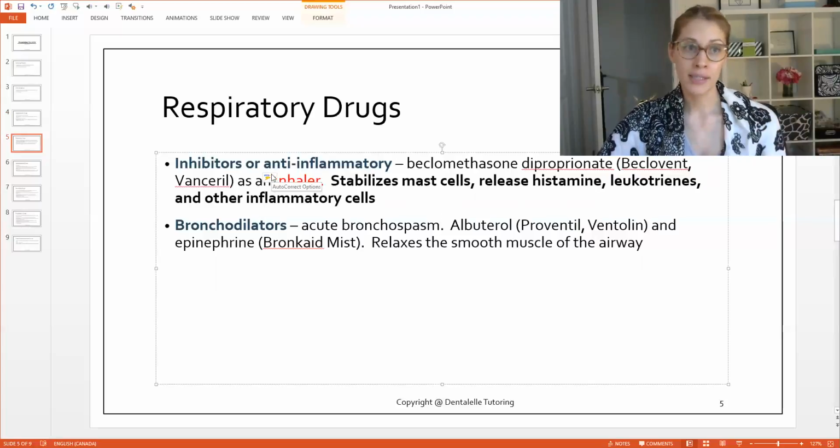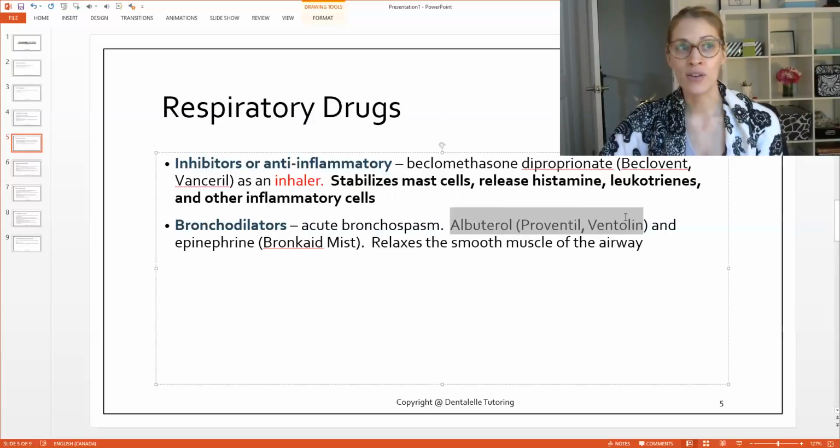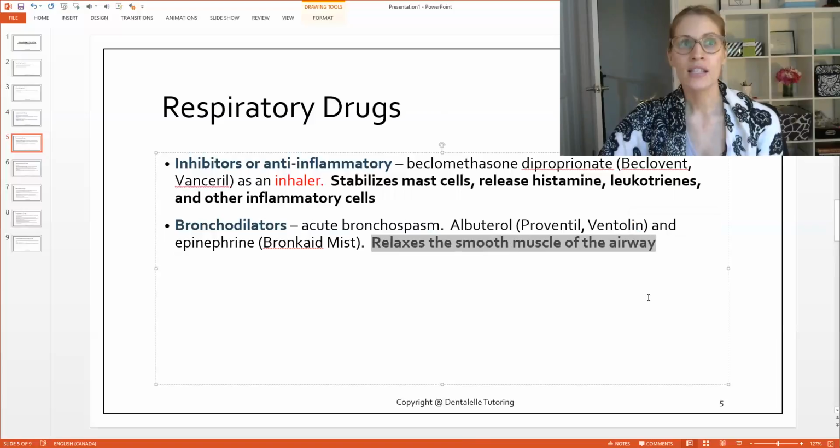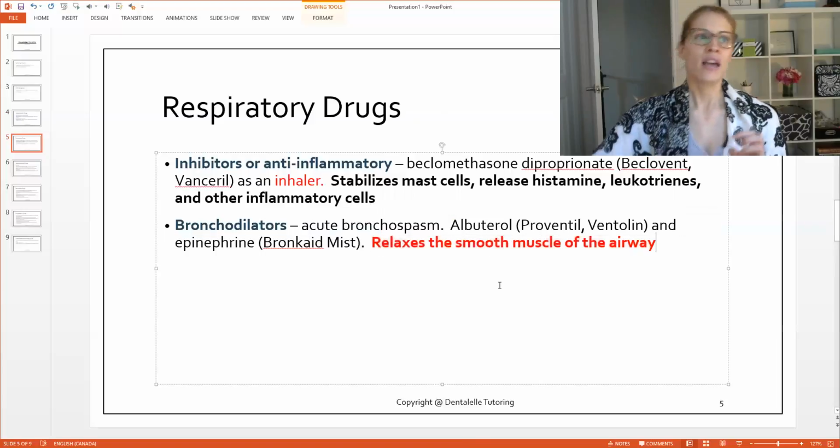But on the opposite side of things, but they do kind of go hand in hand, you have the bronchodilators. So this is used to treat the acute bronchospasm. So again, these are the different types. And what this actually does is this helps to relax the smooth muscle of the airway. So how can I say this in a different way for you guys?